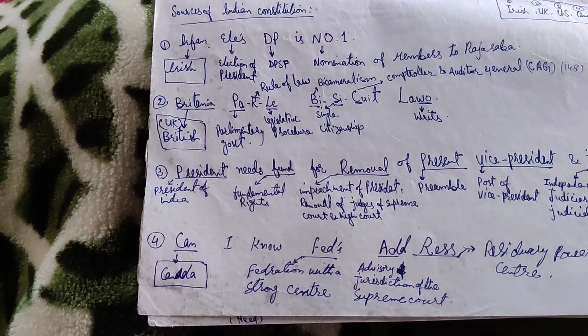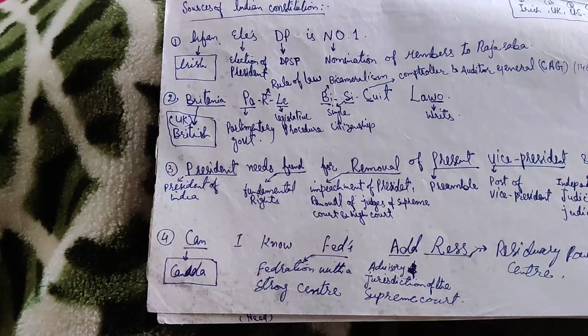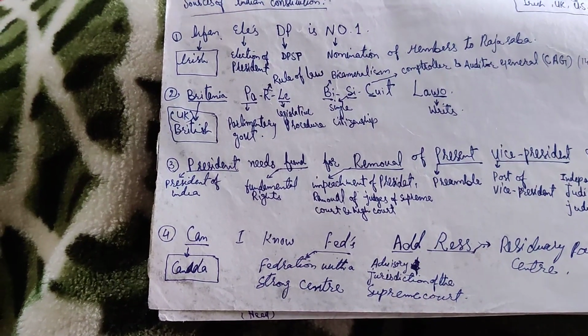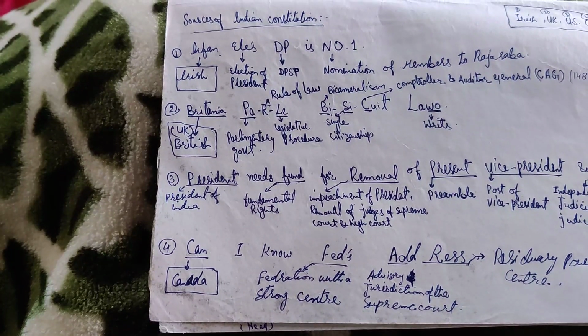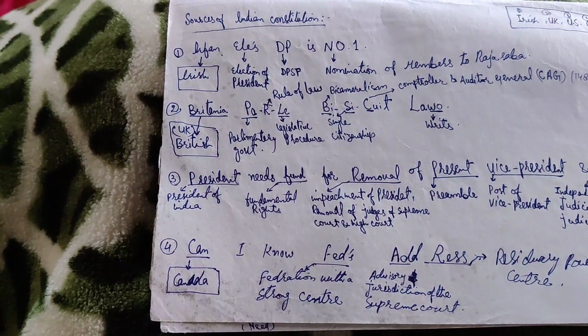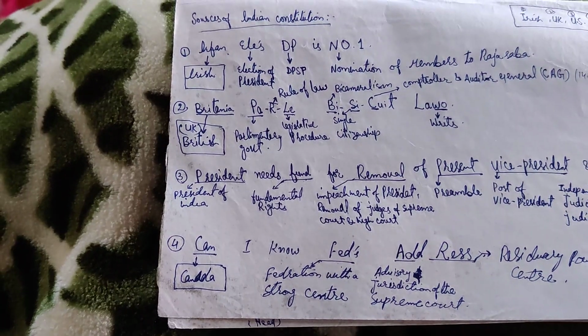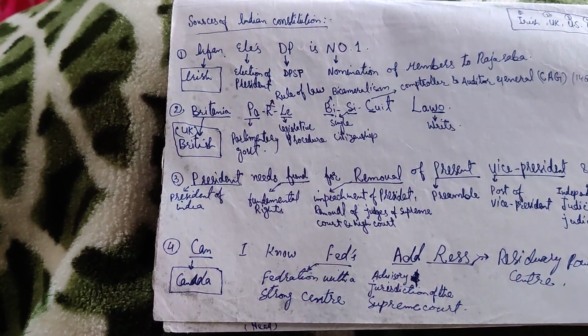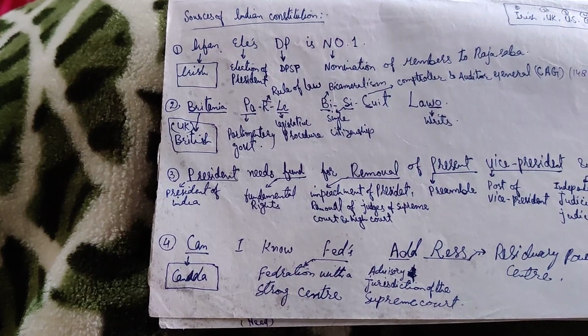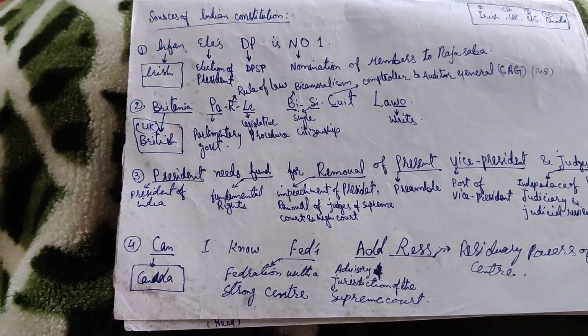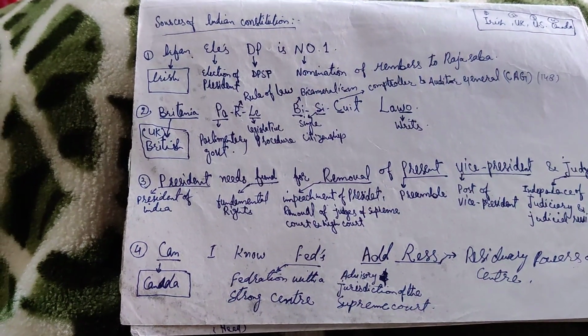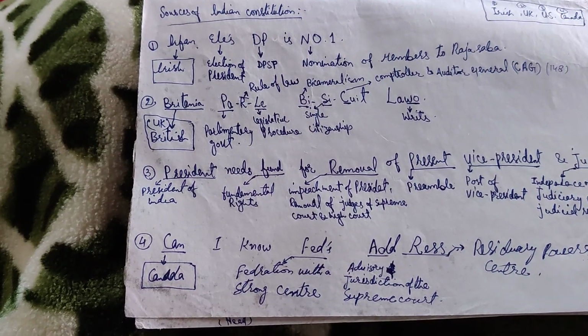In the same way, Biscuit also stands for 3 features. BI stands for bicameralism, SI stands for single citizenship, and C stands for comptroller and auditor general, meaning CAG, which is Article 148 of our constitution.